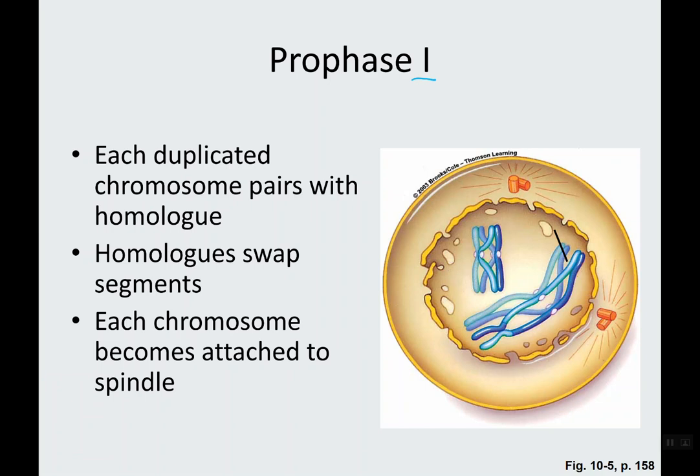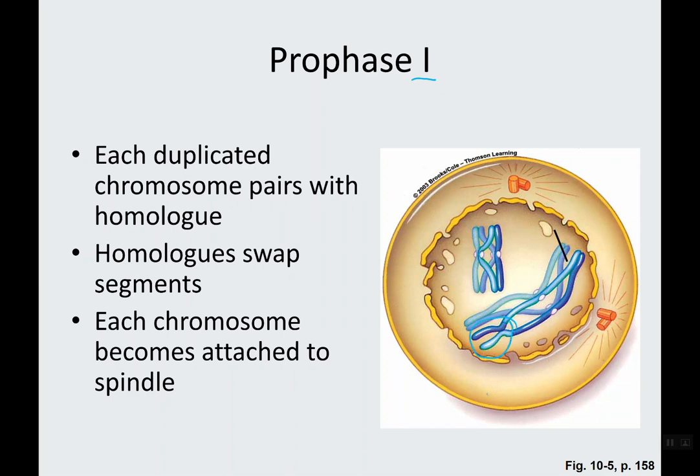So duplicated means there's two arms that are the same, and homologous means that this chromosome here, this lighter aqua one, has all the same genes as the blue one, but not the same alleles necessarily. So these guys form a tetrad, and they cross over. So that's what's happening right there.